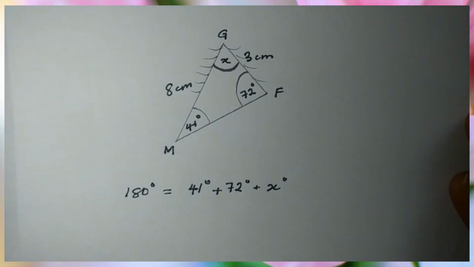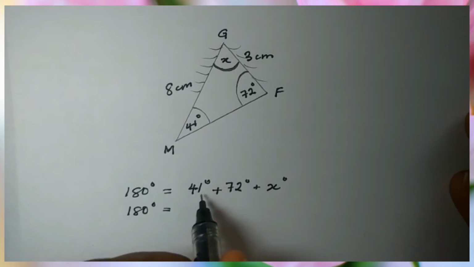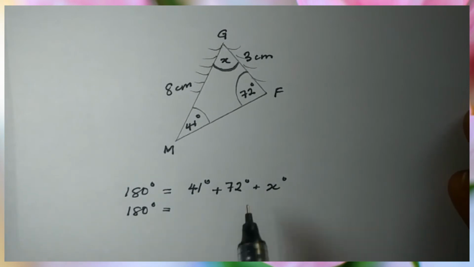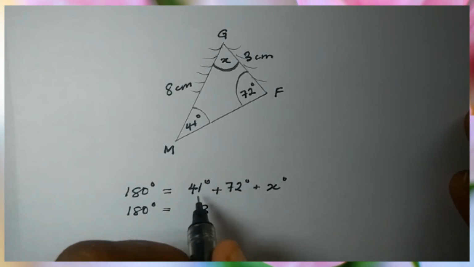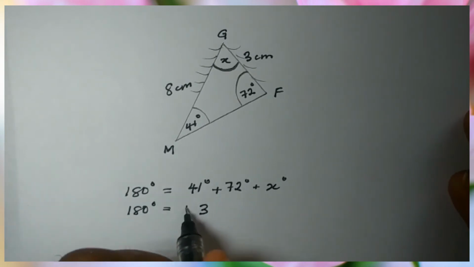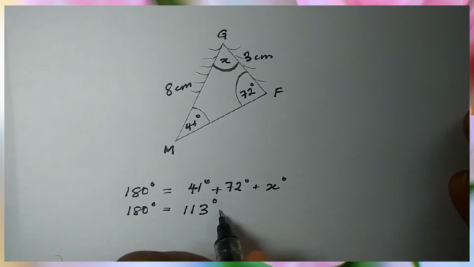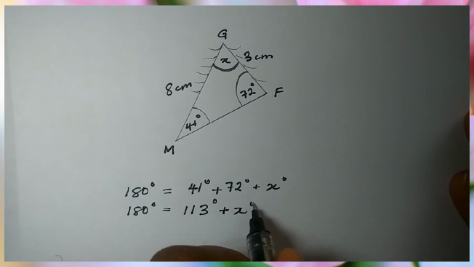Now I need to find the size of my eyeball in terms of degrees. 41 plus 72 will give me 113. So 113 degrees plus x degrees.